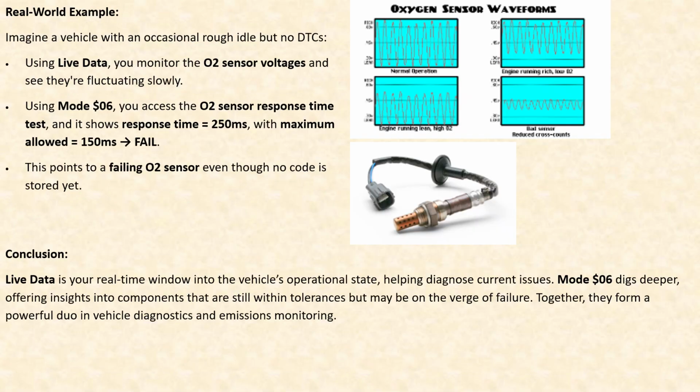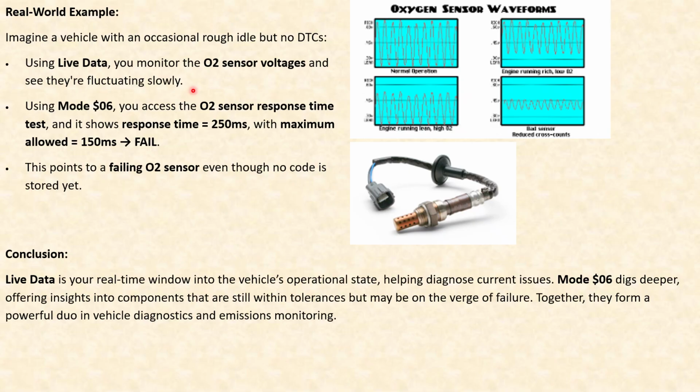So these are the differences between live data and mode $06 test results for a given feature. Now, coming to a real-world example, imagine a vehicle with occasional rough idle but no DTC. Rough idle is happening occasionally, but DTCs are not being stored. Using live data, you can monitor the oxygen sensor voltages and see they are fluctuating slowly.